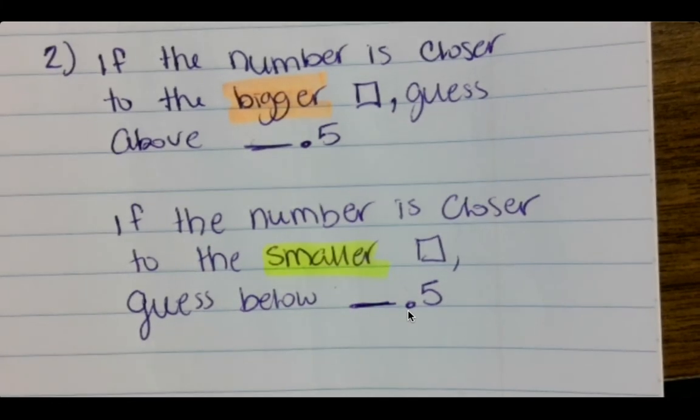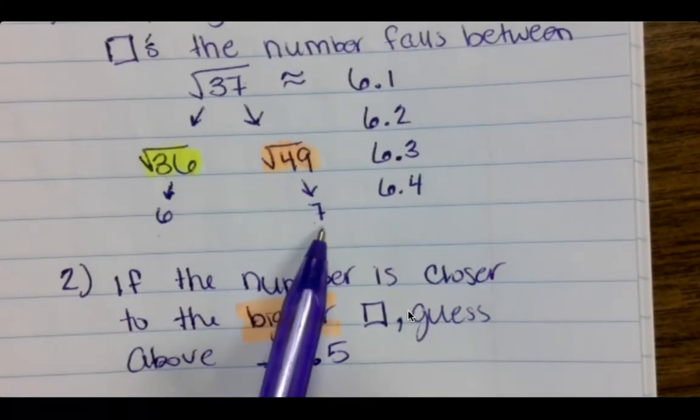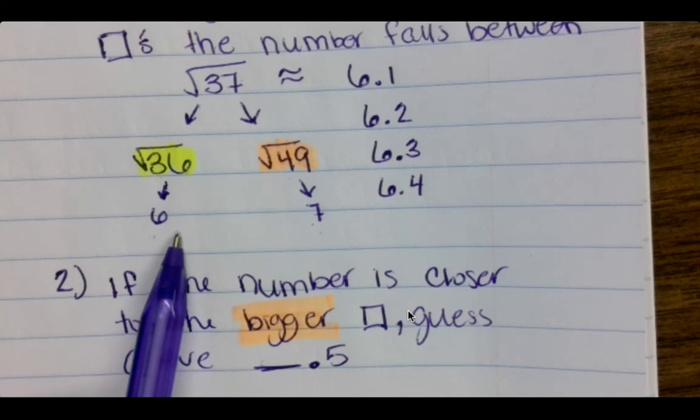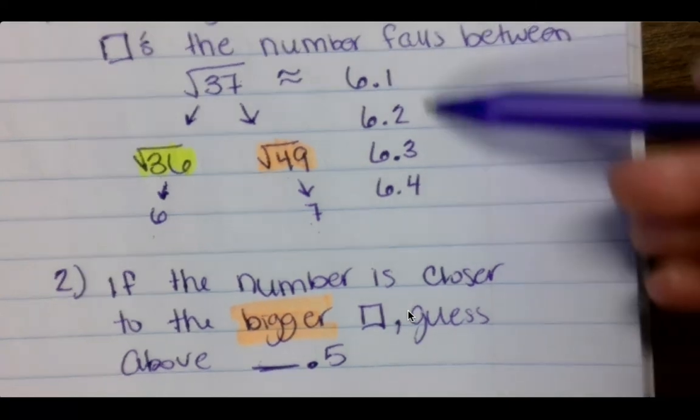is we know that it's going to be 6 point something from up here, right? In between 6 and 7 on a number line would be 6.1, 6.2, 6.3, 6.4, 6.5, so on and so forth, right?